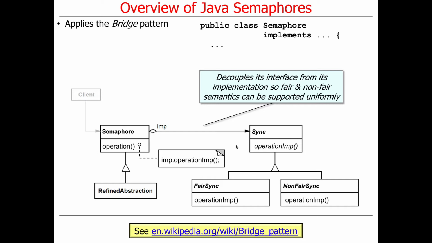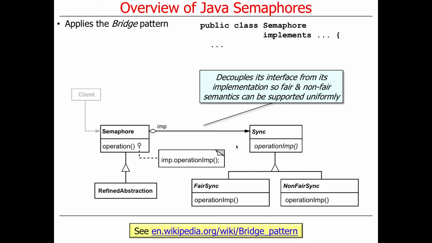In the case of Java semaphores, they do it so that fair and non-fair semantics, which I'll explain in a second, can be supported uniformly. The way this works is you have the Semaphore class, and you have an implementation, and the implementation can be either fair synchronization for semaphores or non-fair synchronization with semaphores.